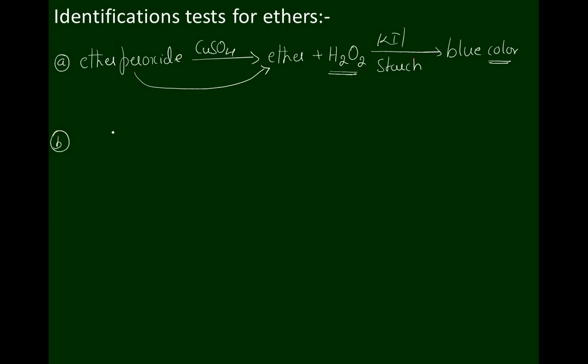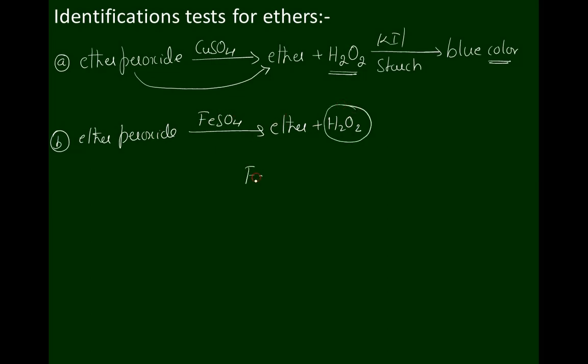If ether peroxide is treated with ferrous sulfate, we get ether as well as H2O2. This hydrogen peroxide acts as a good oxidizing agent, which oxidizes Fe2+ to Fe3+, that is, ferrous ion to ferric ion.